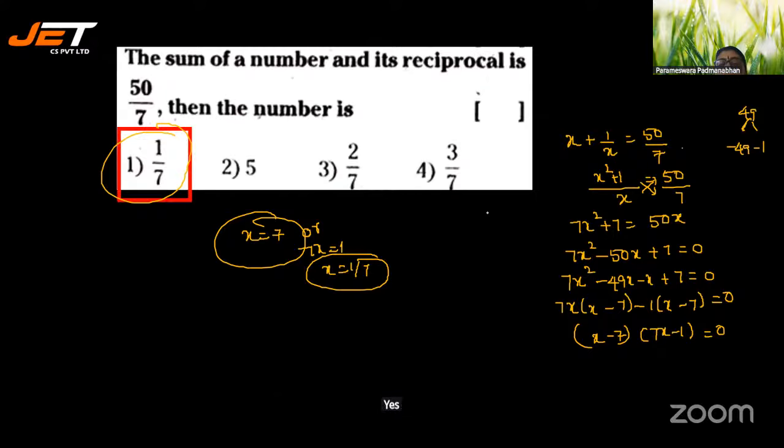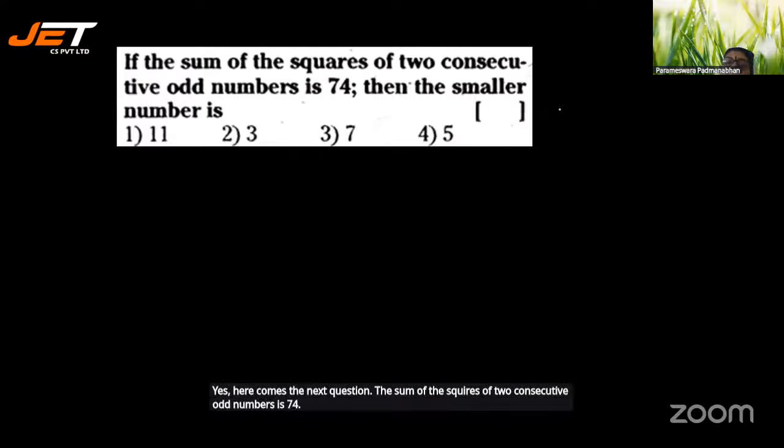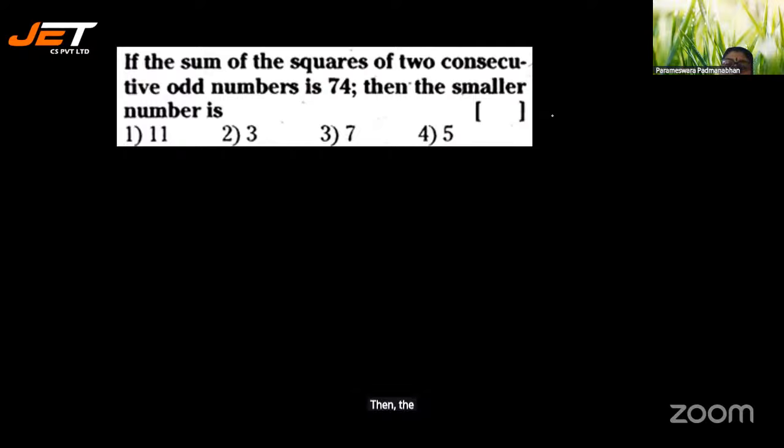Yes, here comes the next question. The sum of the squares of two consecutive odd numbers is 74. Then the smaller number is dash. Right? So the question is very clear.